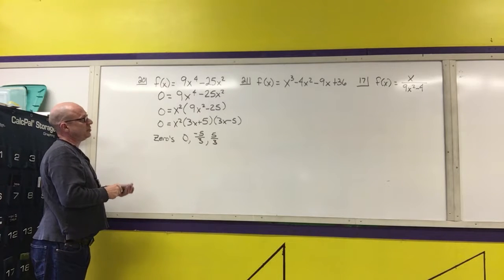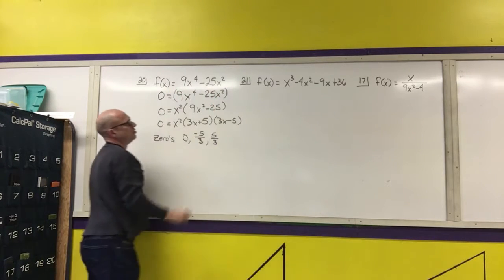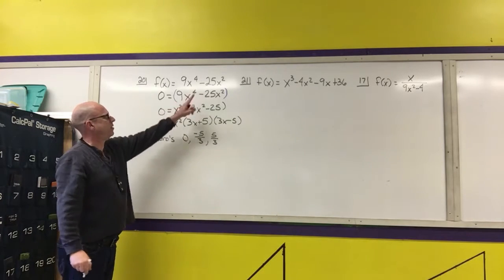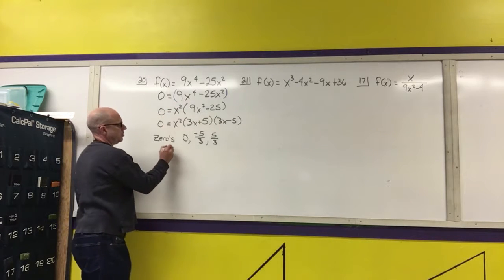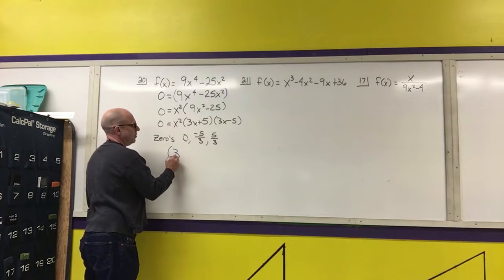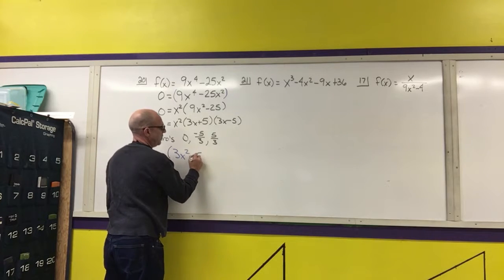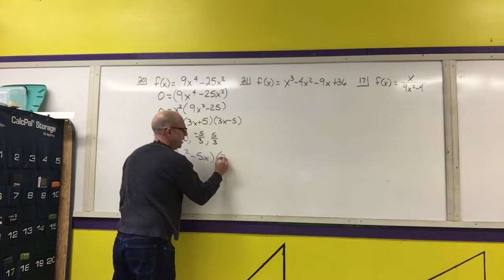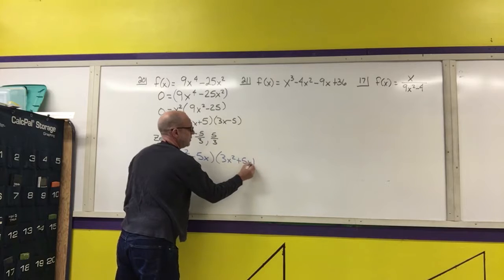I mentioned there were two ways to factor this. If you look at the first part, you should recognize that that is already a difference of squares pattern, where x squared is the square root of x to the fourth. So my first step could have been the square root of the first was 3x squared minus 5x, and then 3x squared plus 5x.